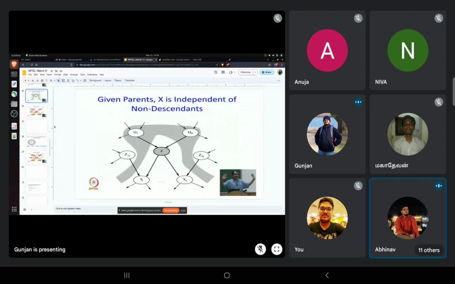See, given parents, X is independent of its non-descendants, right? So for X, if you know U1 to Um, it is conditionally independent of all these things, Z1j to Znj. Yes, sir. This also we can use.